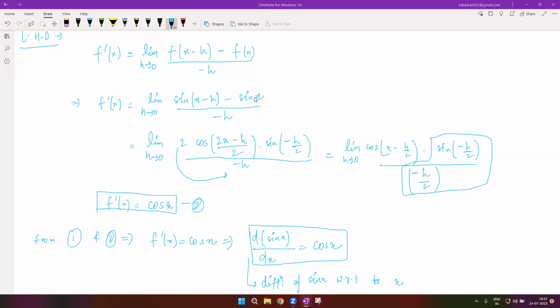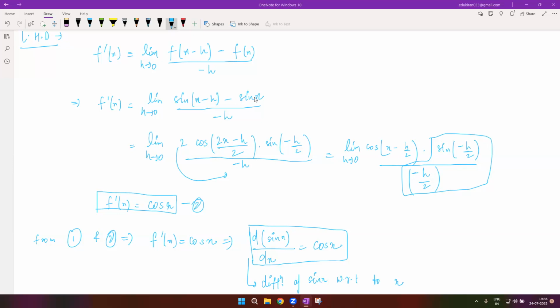So in all such kinds of questions, you will be checking RHD and LHD, but most of the questions will be based on: find out the differentiation for this, or differentiate this. तो उसमें तो हम अपने फॉर्मूले और मेथड्स डायरेक्टली यूज कर सकते हैं, बट अभी तो हम बिल्कुल बेसिक से स्टार्ट कर रहे हैं. तो सबसे पहले तो हमें ये पता होना चाहिए कि डिफरेंशिएबिलिटी का मतलब क्या था और डिफरेंशिएबल कब बोलते हैं किसी फंक्शन को.